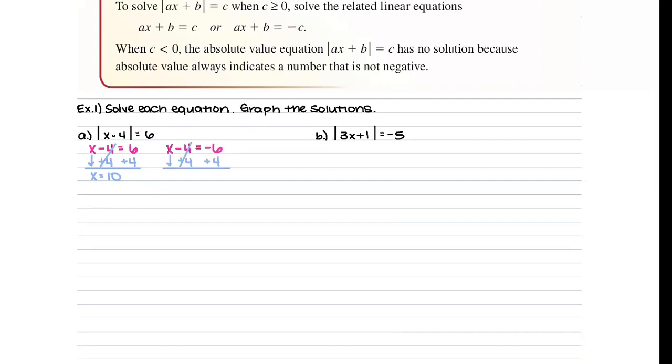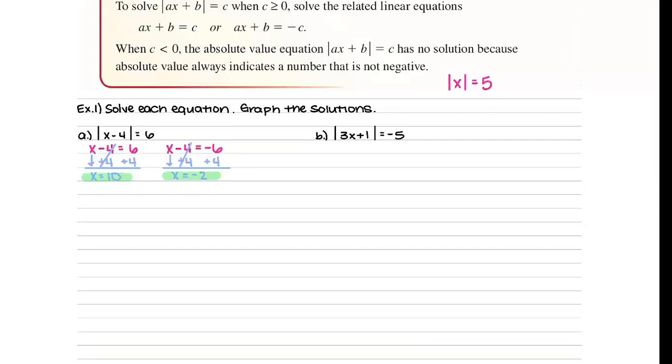Why did we do both? When you have the absolute value of a number, it could be either a positive number on the inside of the absolute value bars or a negative. So we want both possibilities of what that value can be. Let's say we're taking the absolute value of x, and it's equal to 5.